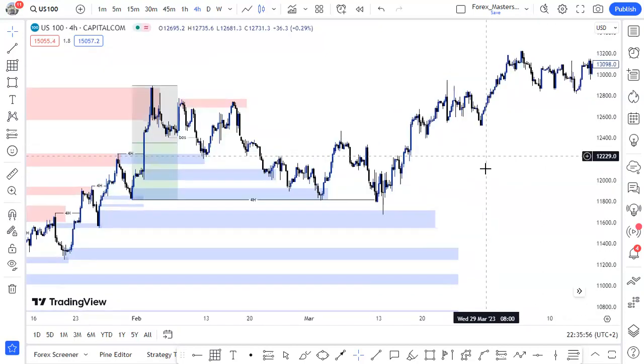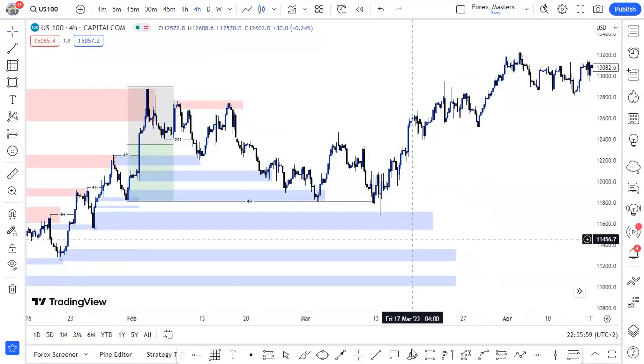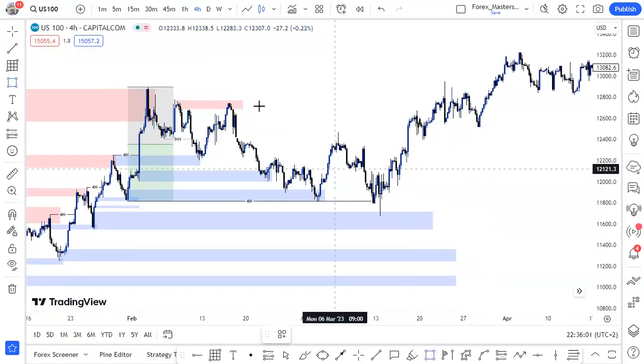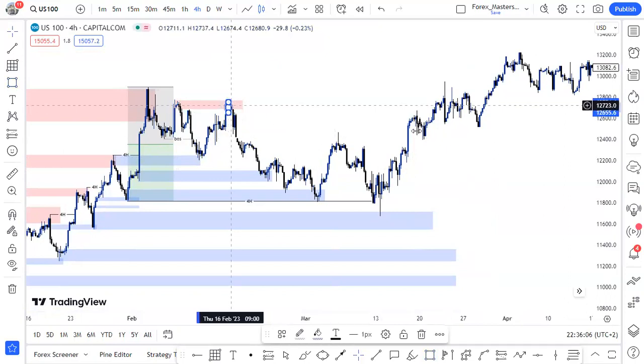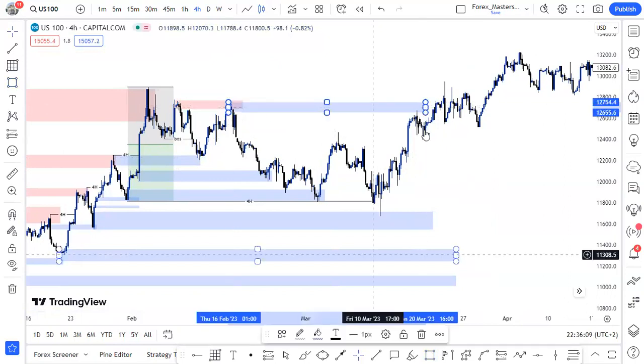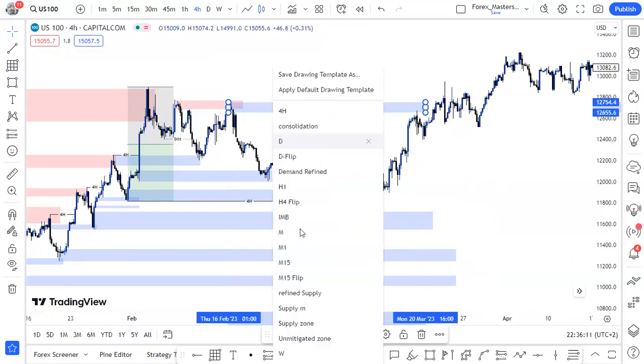All right, and what will happen now? We are going to have all these internal supply zones that were not mitigated. We're going to have this one right here. And what would this be? Except, you know, pullbacks, of course, because that's what they are going to be used as.